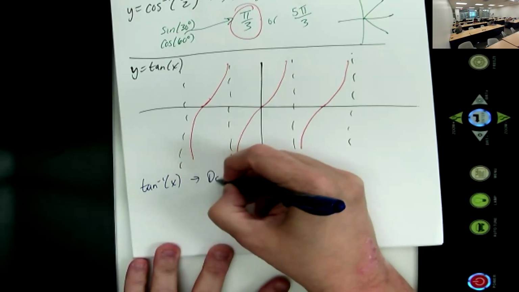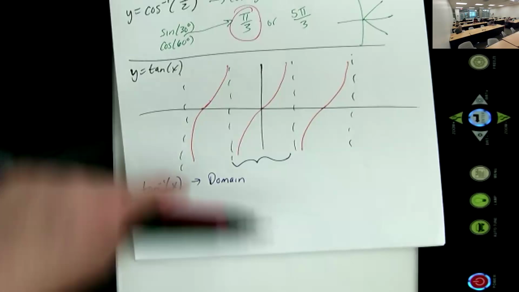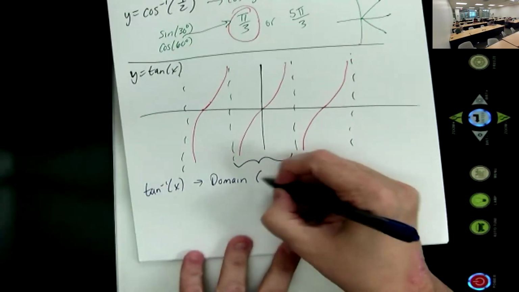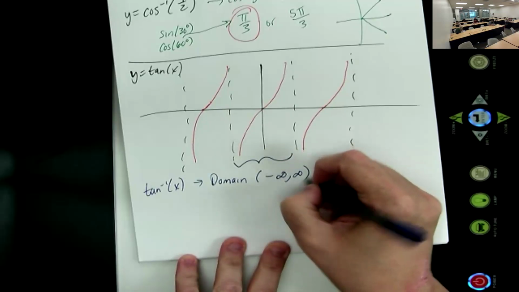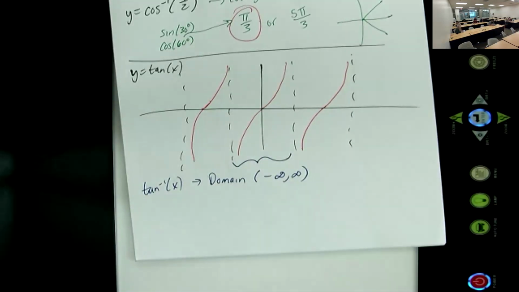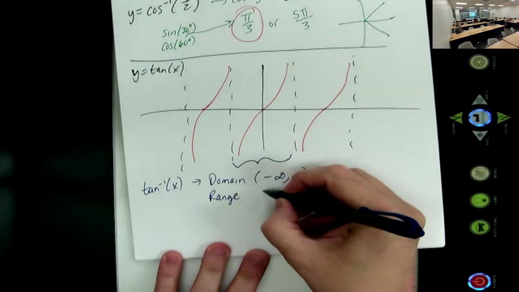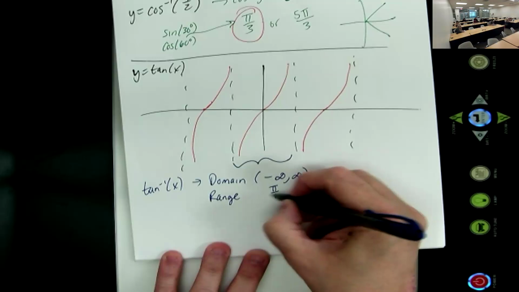The range on tangent is negative infinity to infinity, and that stays, negative infinity to infinity is the domain of tangent inverse. The range is gonna be negative pi over 2 to pi over 2.